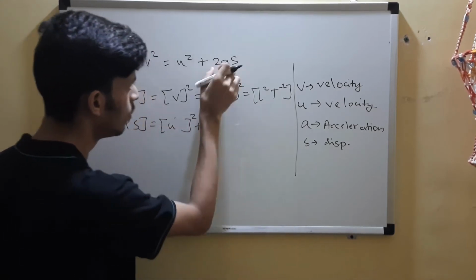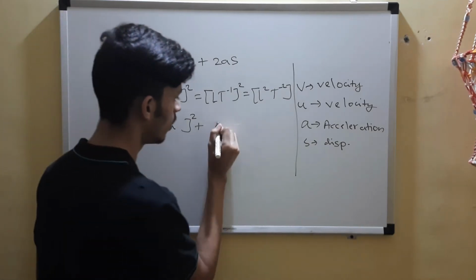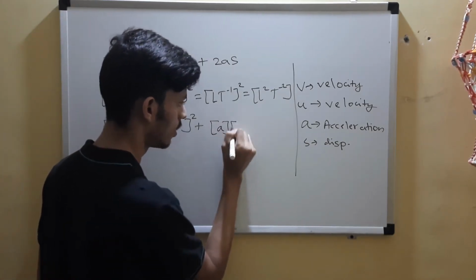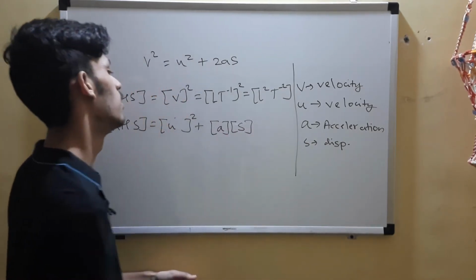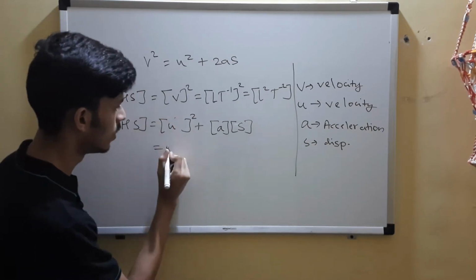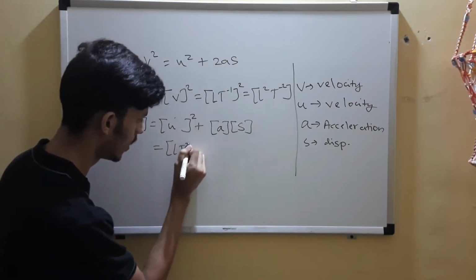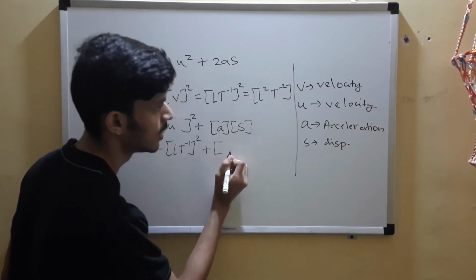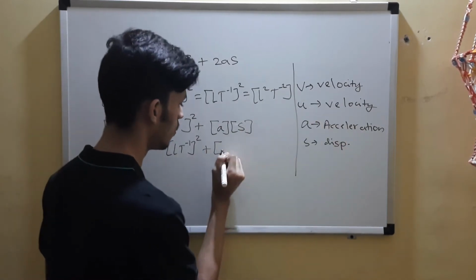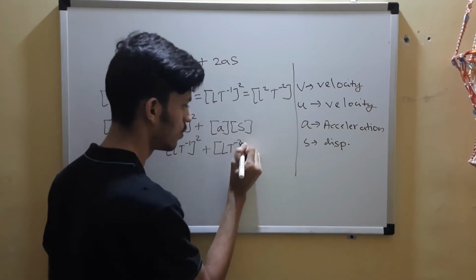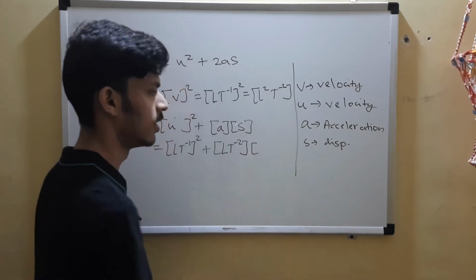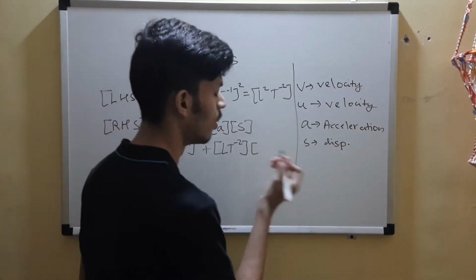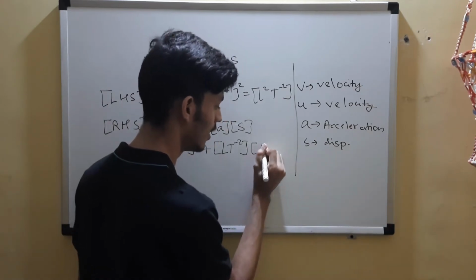And 2 is a constant, we can remove it out, so yes, 2 is dimensionless. So this, if you see, it's LT raised to minus 1, and we have a square over it. Here it's acceleration, meter second raised to minus 2, or LT raised to minus 2, and displacement is basically a length.